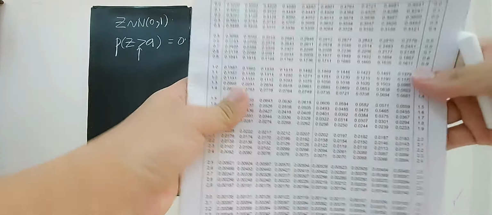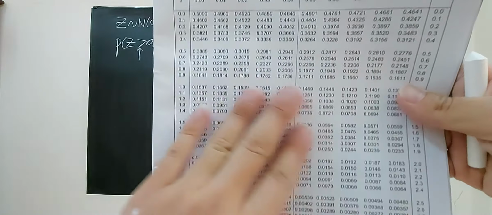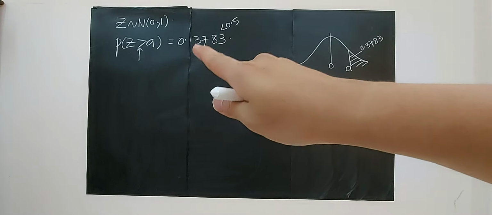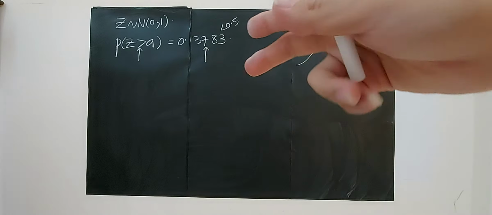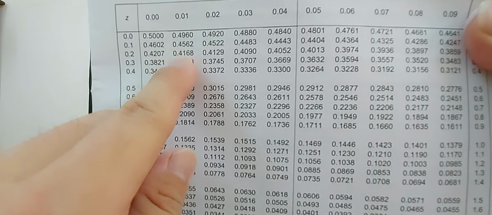So now, if this case happens, you can use the statistical table. But now you are not looking up here, you are finding from all the many probability numbers here. So you're searching for this value, 0.3783. Where is 0.3783? Start from 0.5, the values get smaller and smaller.